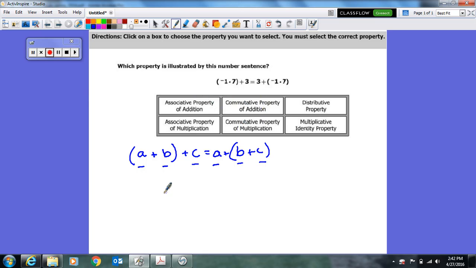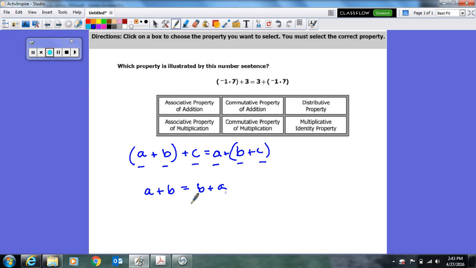For commutative property, what that says is essentially if you have two numbers being added, or multiplied, the order in which you add them does not matter. So A plus B is the same as B plus A, or A times B is the same as B times A. Notice that they are flipped on each side.